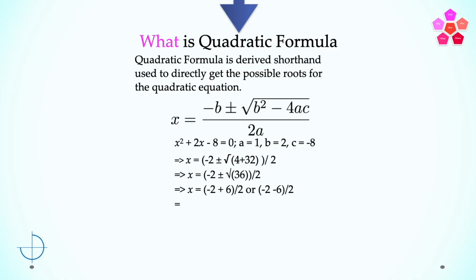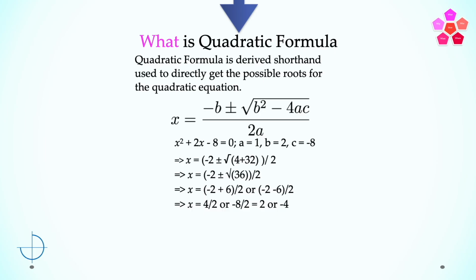So x is equal to 4 by 2 or minus 8 by 2, which implies x is equal to 2 or x is equal to minus 4. See how simple it was to use the quadratic formula to arrive at the roots of x.